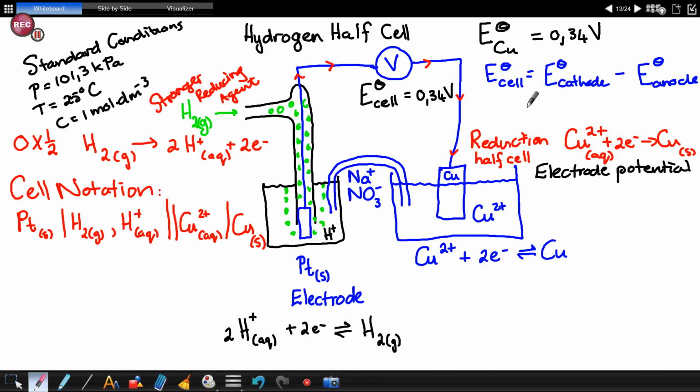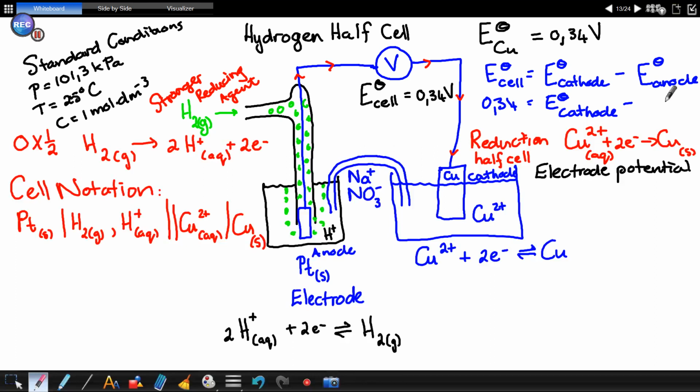Which electrode is the anode? The platinum is the anode. And the copper is the cathode. Okay? So the cell's measurement is 0.34 volts. The cathode is what we're looking for. So the electrode potential for the cathode is what we are looking for.